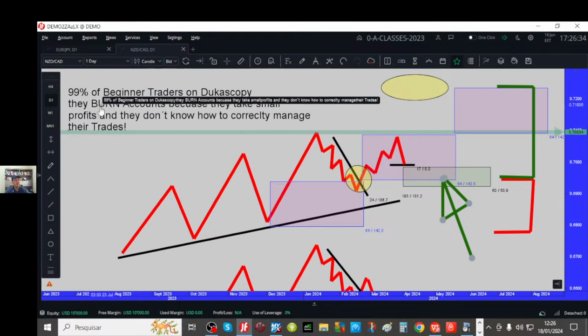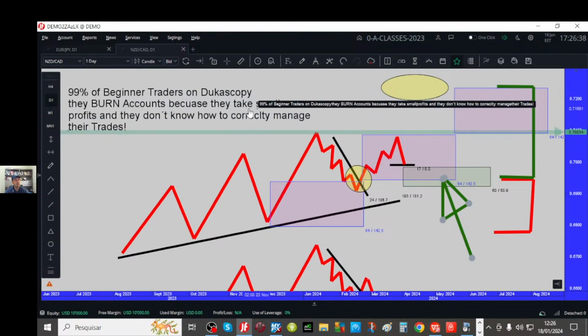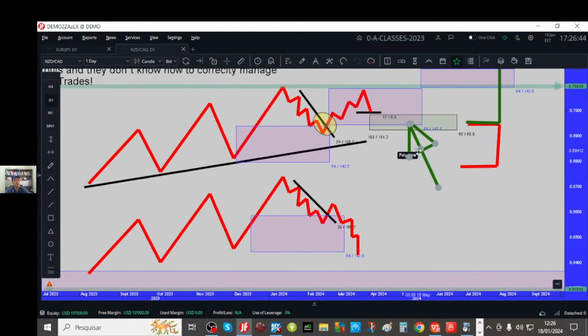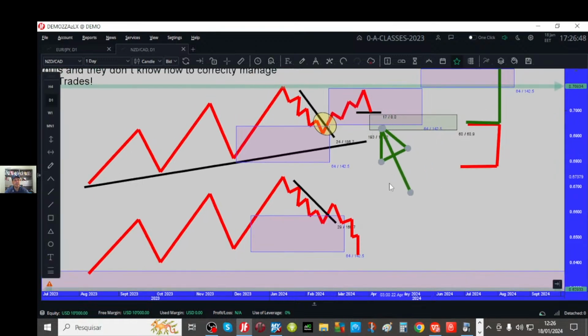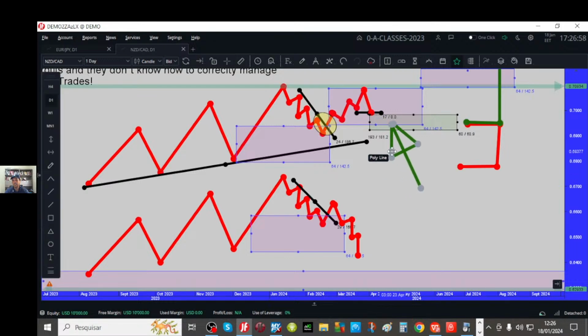So 99% of beginner traders on Dukascopy Bank burn accounts because they take small profits and they don't know how to correctly manage the trades. So I went out in here. Now this is the one that you are not going to like, everybody. Talking about the skill, I must re-enter this trade.